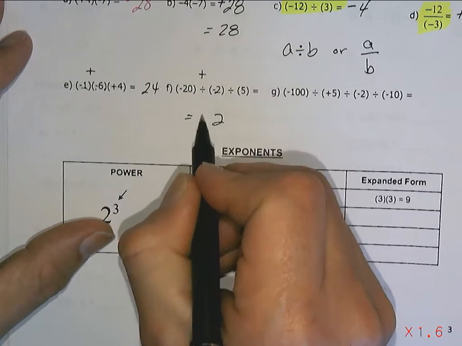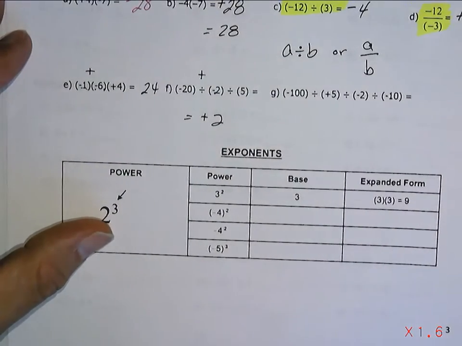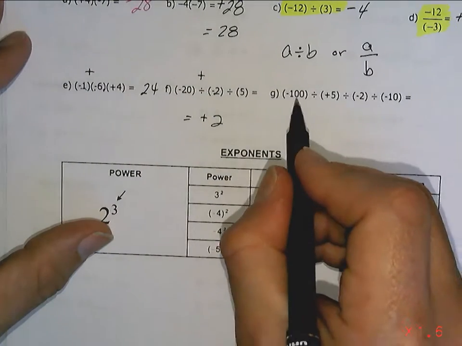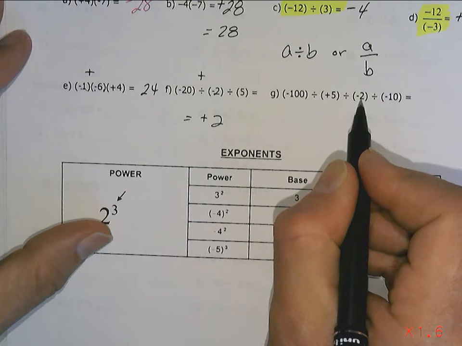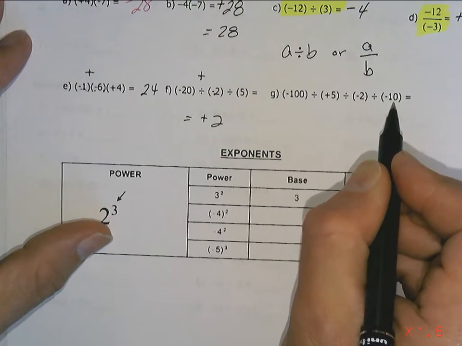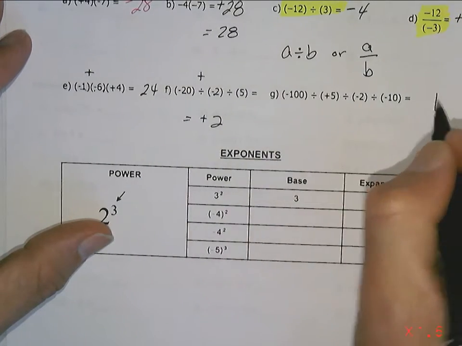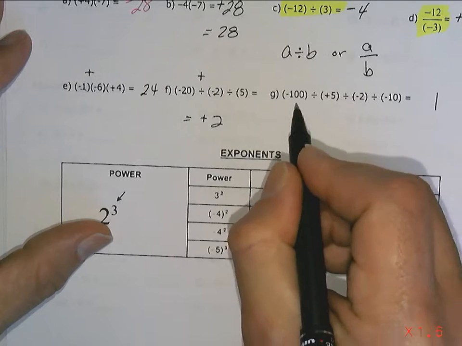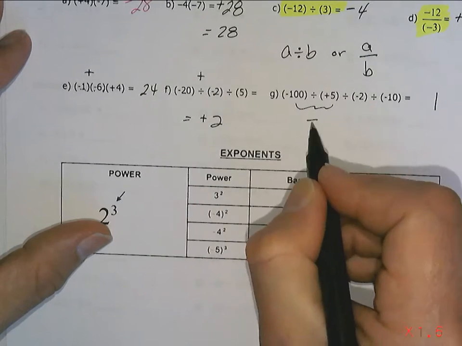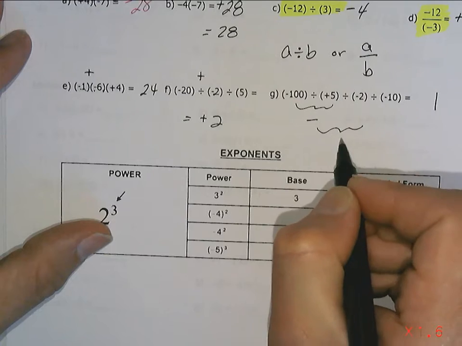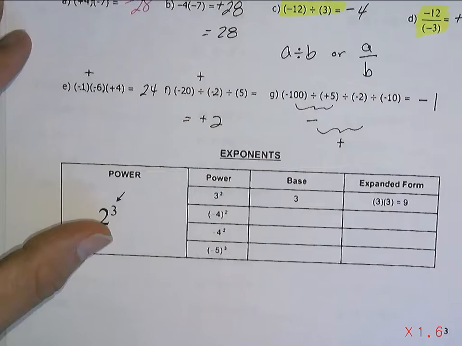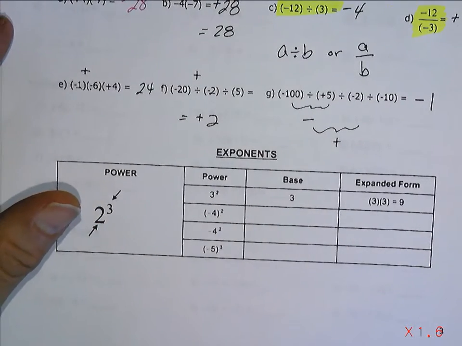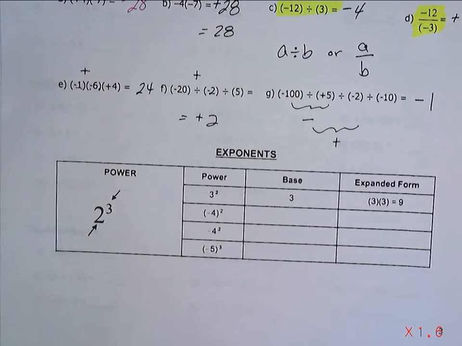Divided by another positive leaves me with a positive. 100 divided by 5 is 20. Divided by 2 is 10. Divided by 10 is 1. Negative divided by positive is a negative. Negative divided by negative is a positive. Positive divided by a negative is a negative. So you just go slow, okay? Do the numbers first, then do the sign.